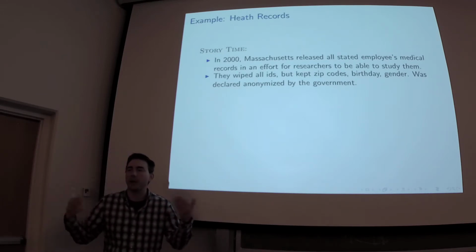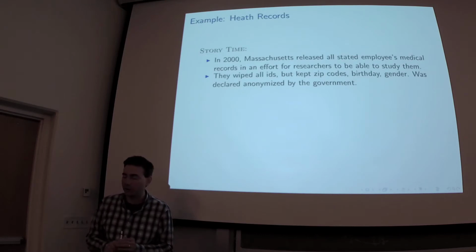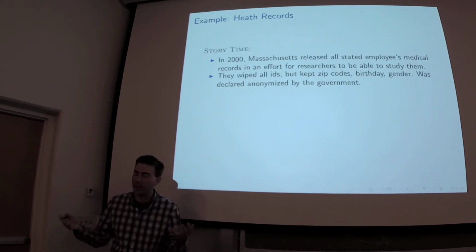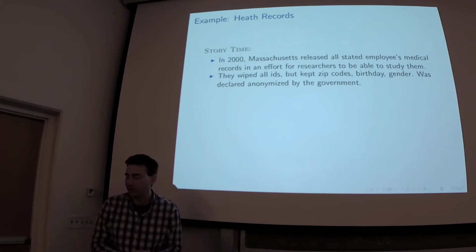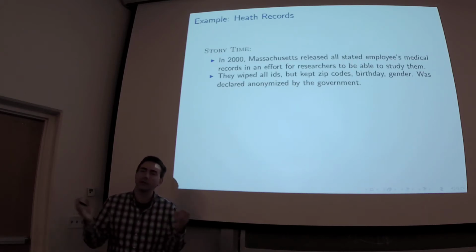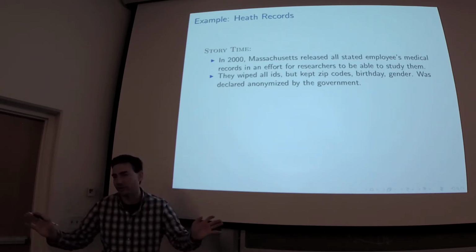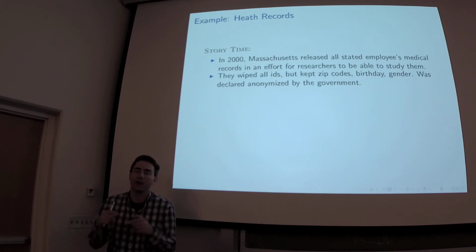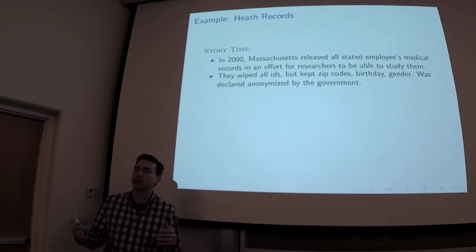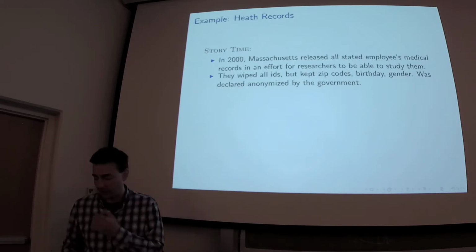But you can do spatial, geographic analysis. We'll give you things like the zip codes. We'll give you the birthday and the gender, so you can try to make links between these sorts of things. And so the government said, okay, the data has been anonymized because we're stripping out the name and other specific information which could obviously identify these people.